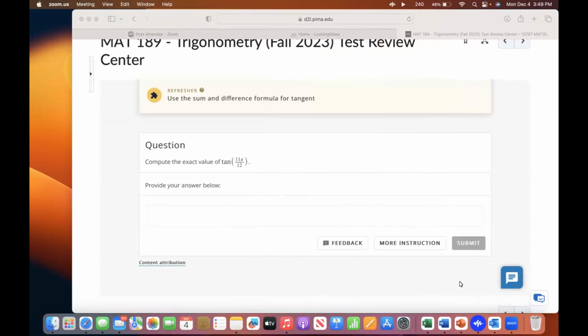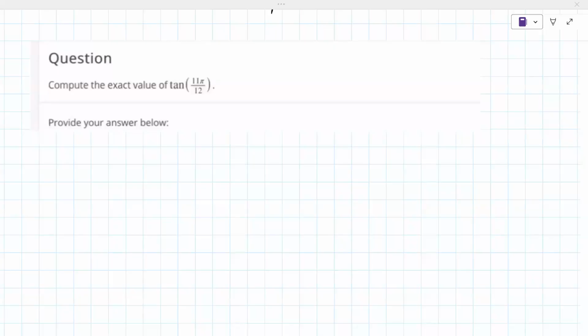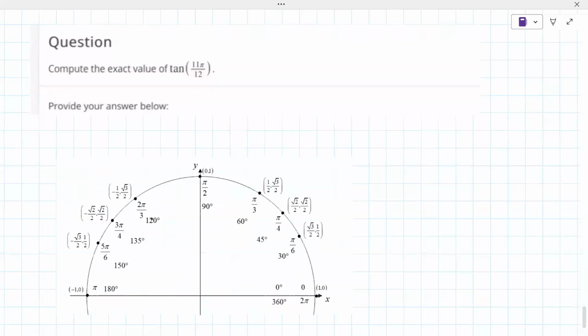If you're looking at the unit circle, that's where you're sort of making your guess, like, well, what is it? Which one is it?